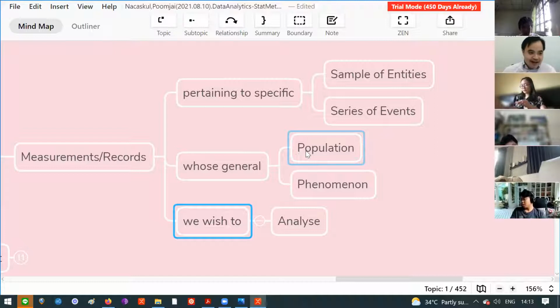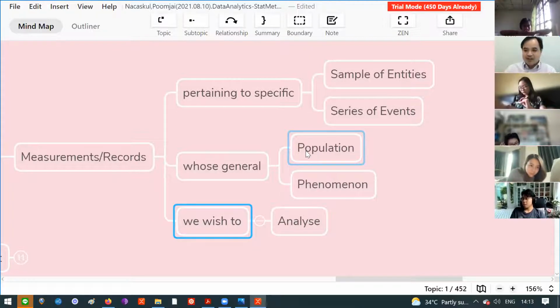Okay? So data is not just about records. If data is just about record keeping, and you can keep records for everybody on earth, you don't have to study data analytics. Okay? Well, actually they do. There are actually difficult problems with that too. But for this class, let's limit ourselves to the case where you have numbers, data that pertain to a specific sample, in reference to the whole population.